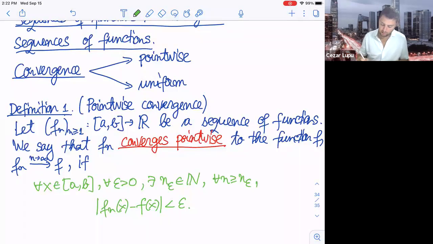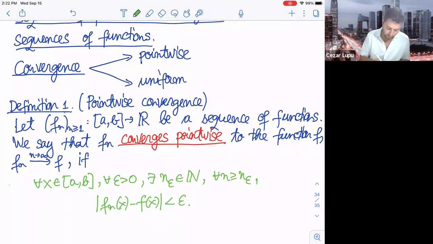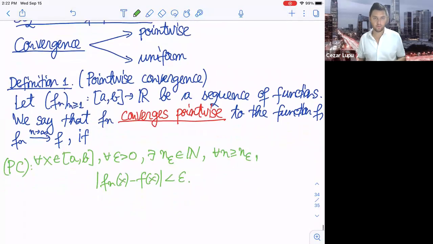So that's what we mean by pointwise convergence. So let me put it like this, PC.